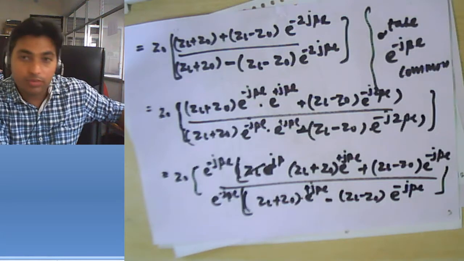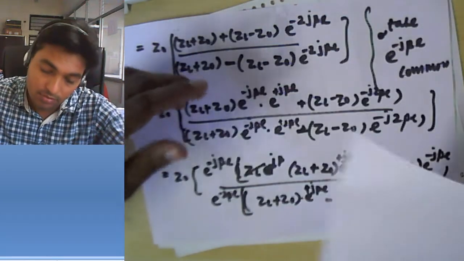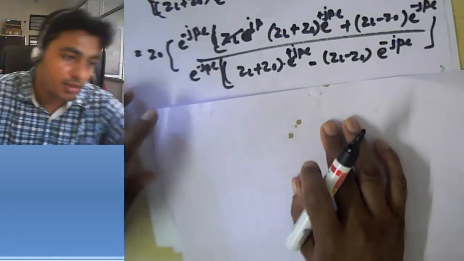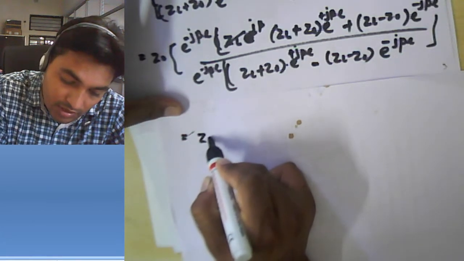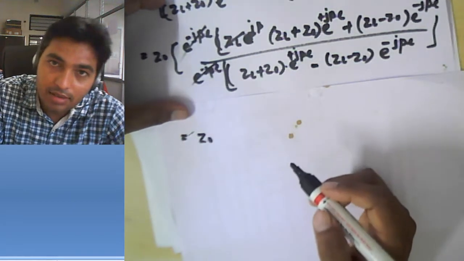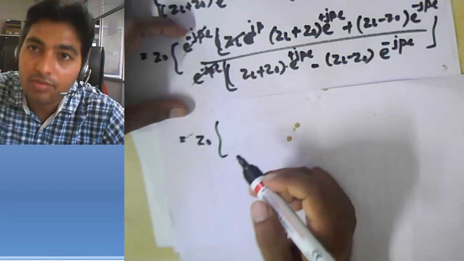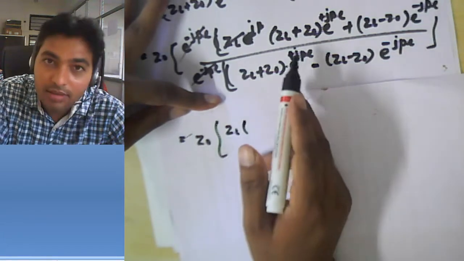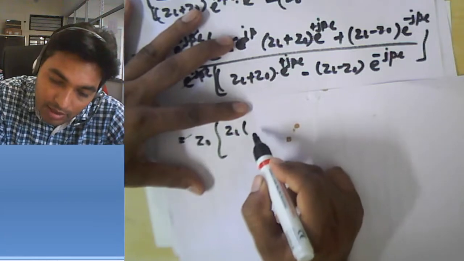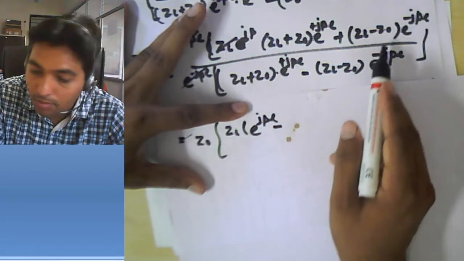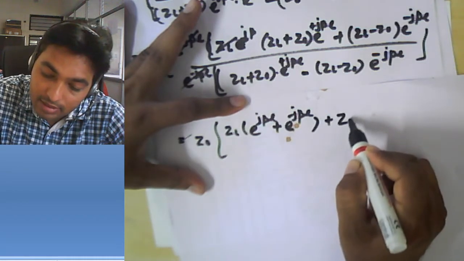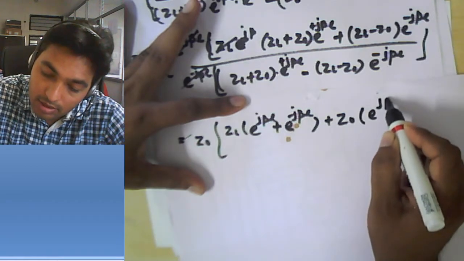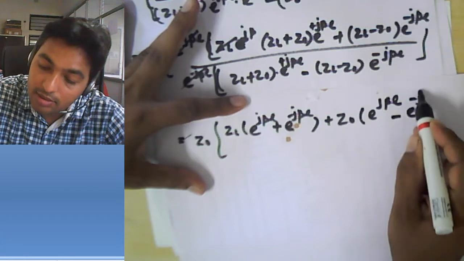Now to further simplify this, Z0 e raised to j beta L will cancel, and we'll take ZL common, so it will be e raised to plus j beta L plus e raised to minus j beta L, and we'll take Z0 common, so it will be e raised to plus j beta L minus e raised to minus j beta L.